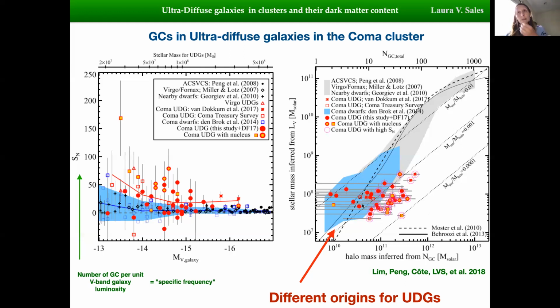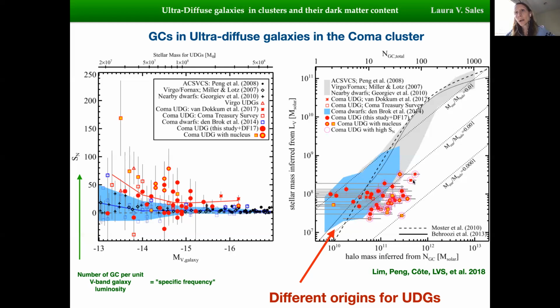This is the result displayed on the right. So the abundance matching relation over here by Moster, for example, or by Behroozi are shown in the dashed and the solid line. And what you see is that the UDGs span, again, a very wide range of halo masses. So some of them are very dwarfish, almost outside of this abundance matching relation, which is well constrained.